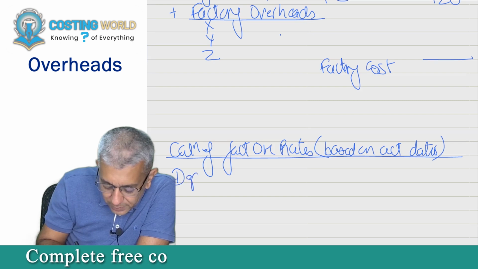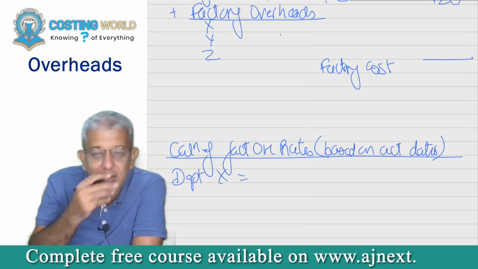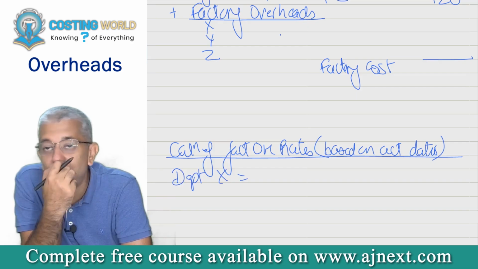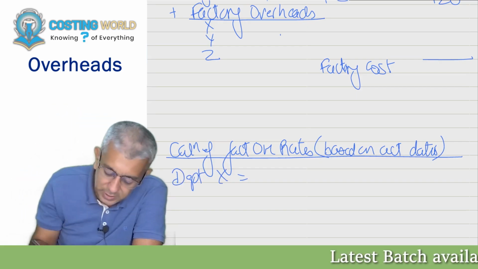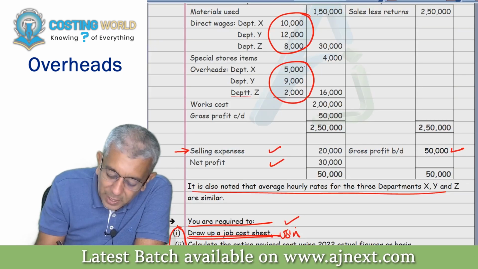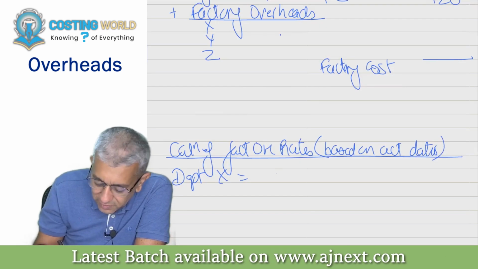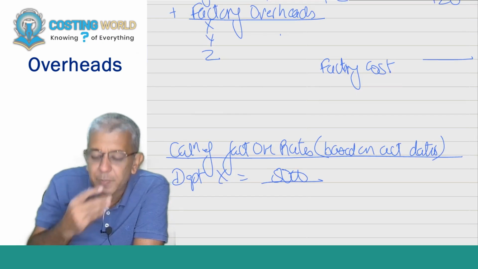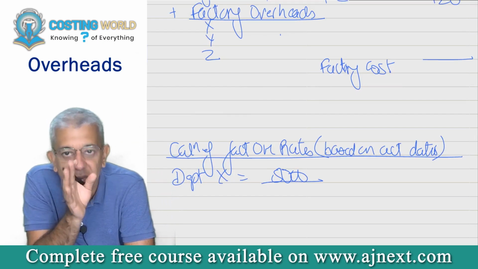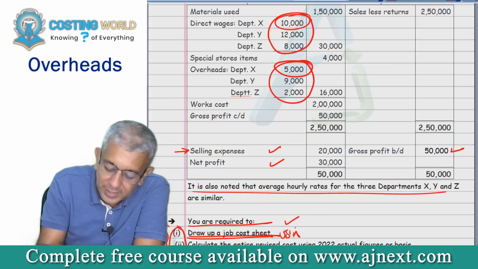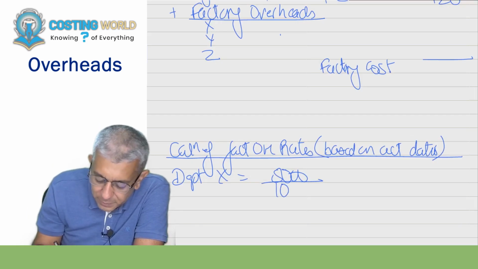First of all, department X. Now, next thing that I'm going to say, I hope that you all will understand. I'm going to try my best, but you also try your best. See, can we say department X total overheads is 5,000? First of all, you tell me, is this budgeted overheads or actual overheads? Actual. Divided by 10,000. We are working out separately.